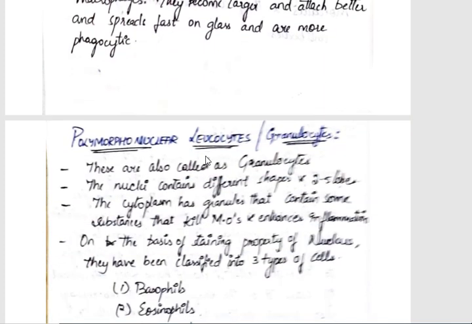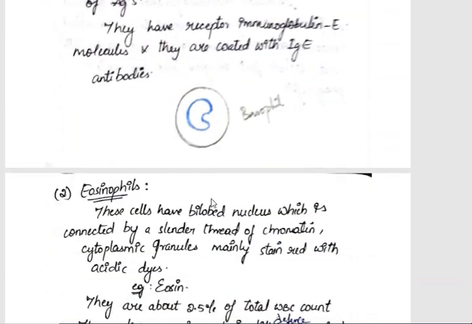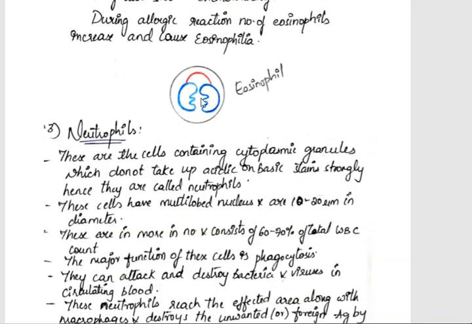Then moving to the second type, that is polymorphonuclear leukocytes or granulocytes. These polymorphonuclear leukocytes were named so because of having different shapes of the nucleus. Only one nucleus is there, but it possesses different shapes. You can see here, this is one shape, a bilobed shape, and here it has multilobed shapes.